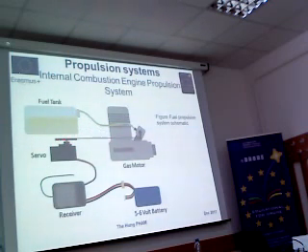So this servo motor will rotate in order to open the valve for the gas. For this servo motor we need the battery, and we need the receiver in order to control it remotely, just to control the servo, and the servo will control the amount of gas that will be burned. So this is the principle of the engine propulsion system.